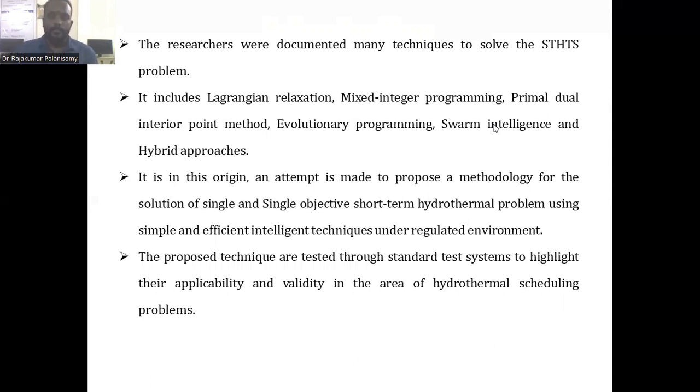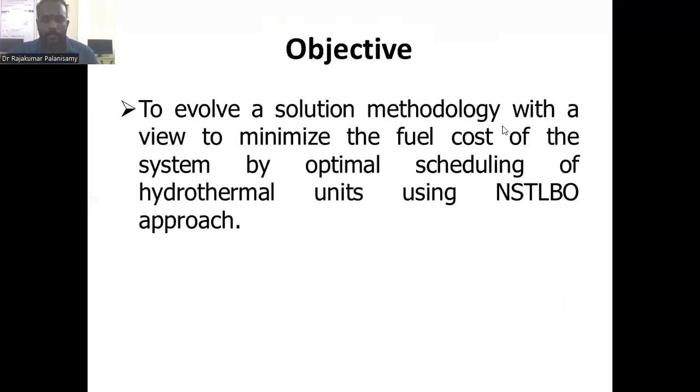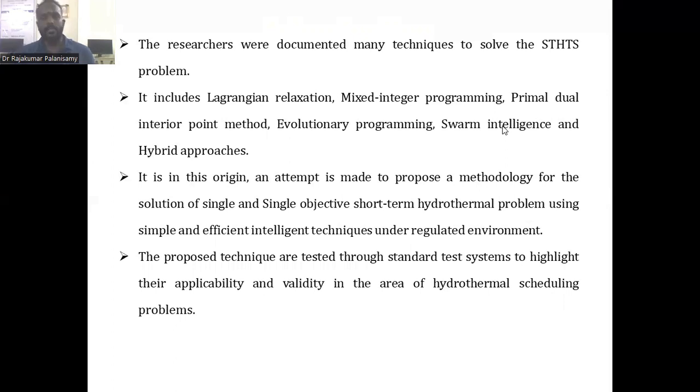That's why I am going to use the non-dominated sorting teaching learning based optimization algorithm. This is a multi-objective optimization algorithm, but here it is used for the single objective.